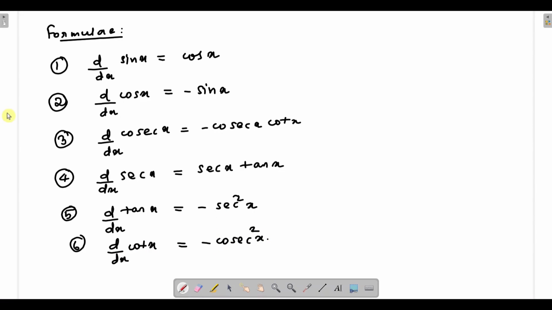So these 6 formulae you have to learn by heart so that you can solve the problems easily. The problems are very easy. This chapter 13, limits and derivatives, is actually very easy. Just know the formulas and then solve as many problems as possible.